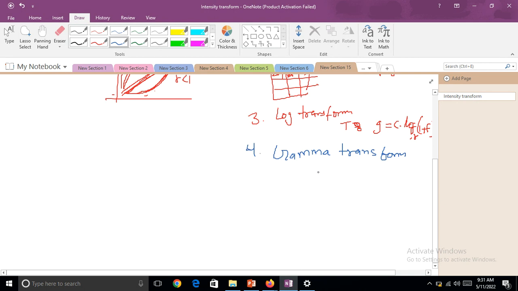In gamma transform, the transformation is like g is equal to some constant times the original pixel value f to the power r.